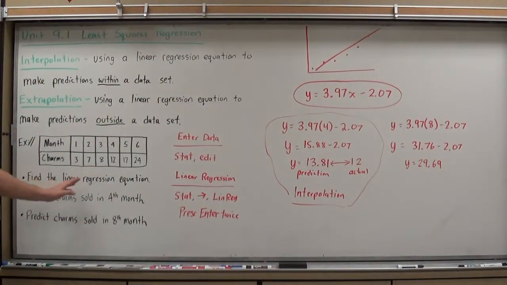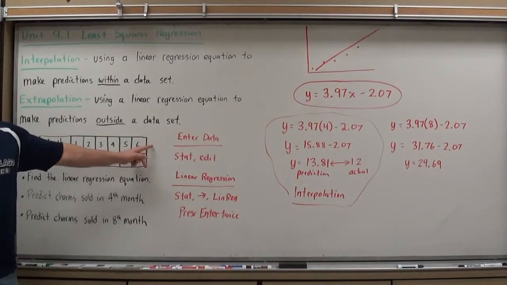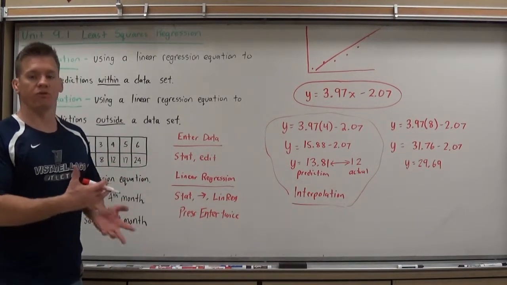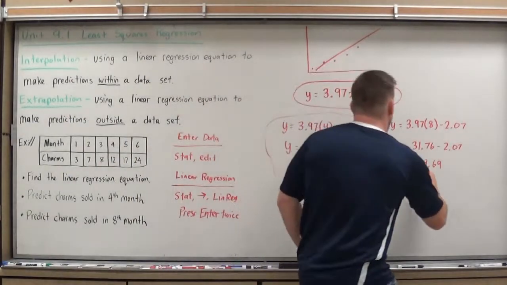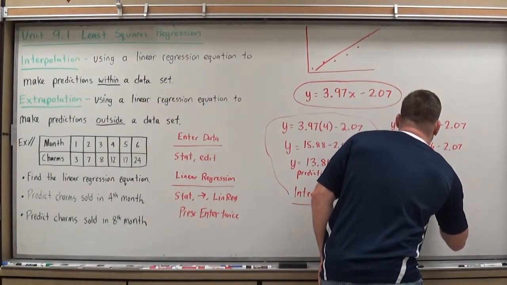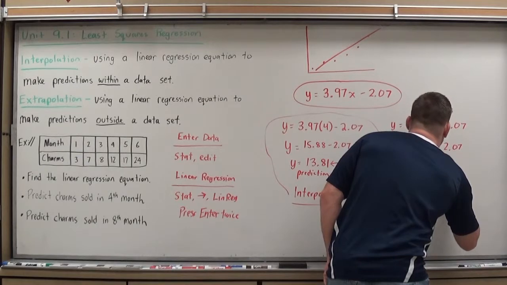And if I look back at the table, I have no actual value to compare that to. And whenever you don't have an actual value to compare to, it's a good sign you're doing extrapolation, because there's no data yet for that.